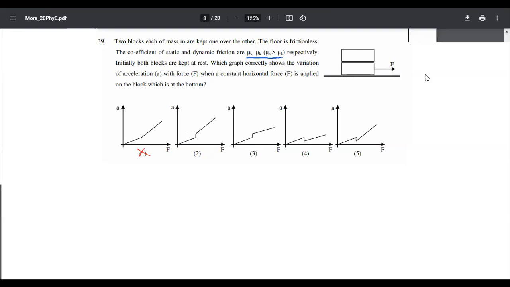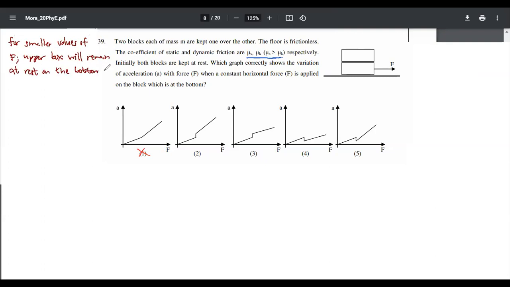Now, what will happen here, people? For smaller values of f, for smaller values of capital F, the upper box will remain at rest on the bottom box.